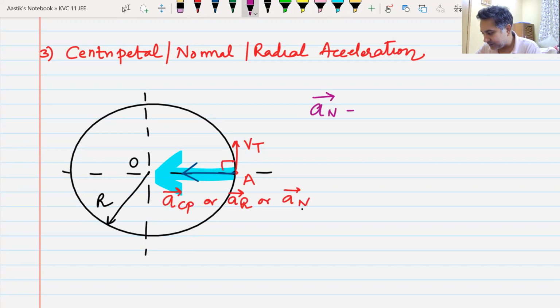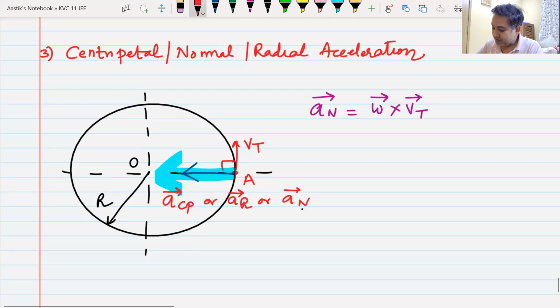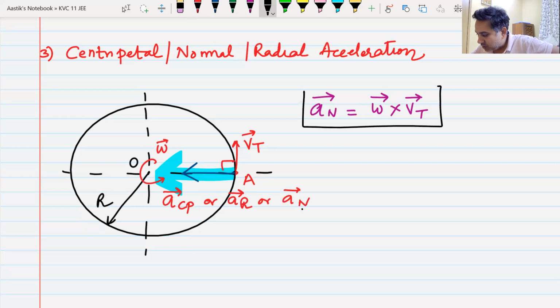The vector equation for this A normal is omega cross Vt. Omega of this gentleman would be like this. If I take the cross product of these two, I will end up with the normal acceleration. This is the vector equation of normal or centripetal or radial acceleration.